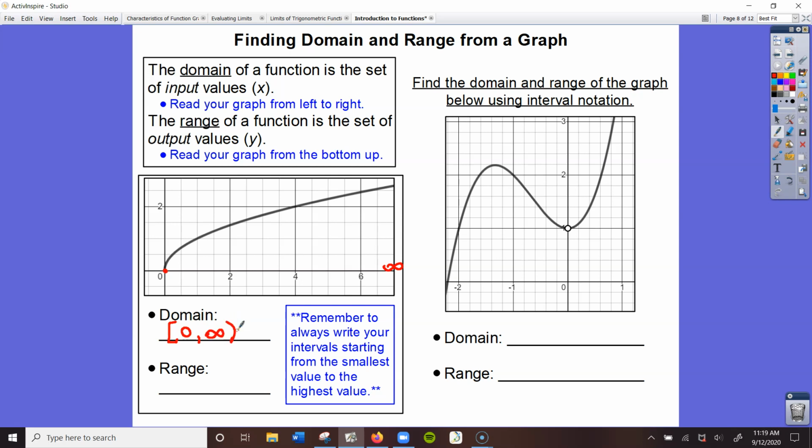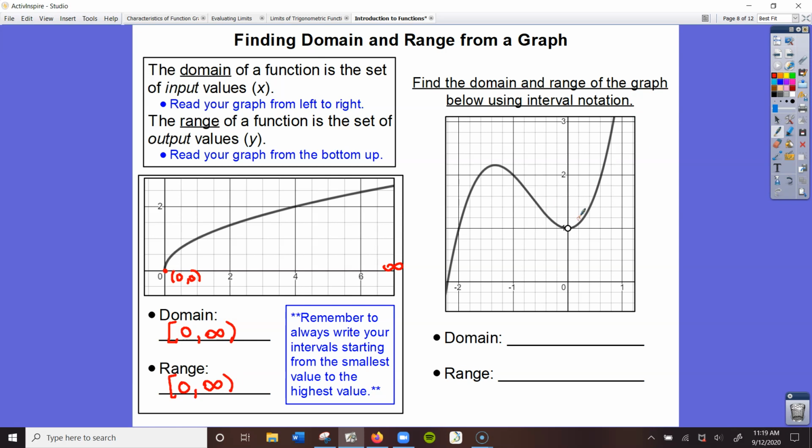So we will close it with a parenthesis. Now for the range, the smallest y value on my graph is also 0, since this is the coordinate 0, 0. So I'm going to use a bracket for 0 for my range, and it does open up forever, so it goes towards infinity, and close parentheses.